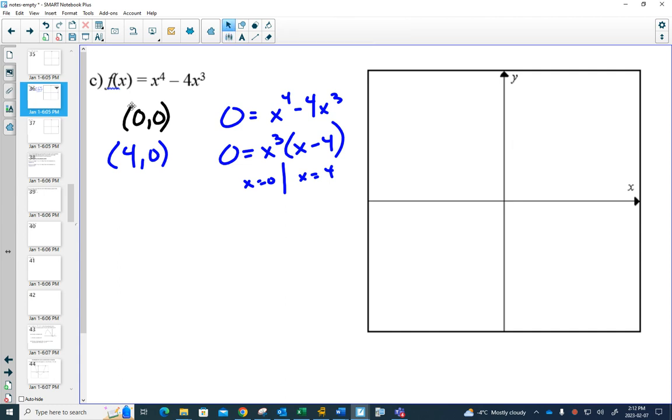Then the process of using your derivatives, we have our first derivative and our second derivative. Obviously, we're going to do the first derivative first. That number line will tell where a graph is increasing and decreasing. And that number line will also tell us our maximums and minimums.